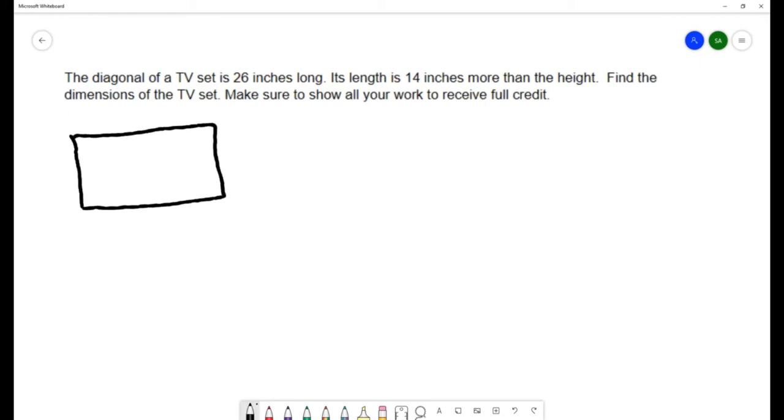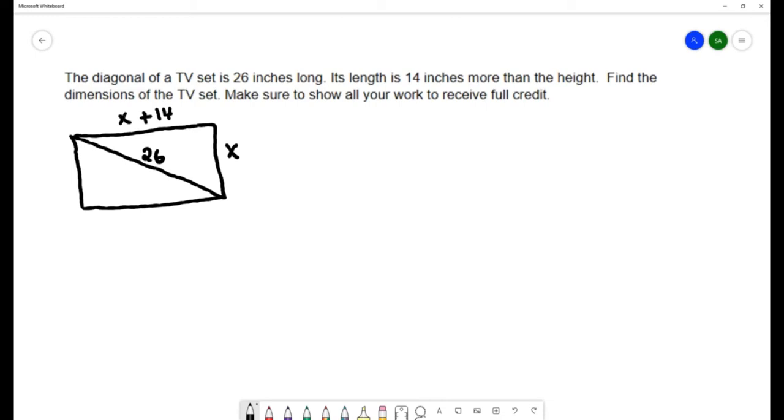The diagonal of the TV set is 26 inches long. Its length is 14 more inches than the height. So let's label the height as x, and its length will be 14 inches more than that height.